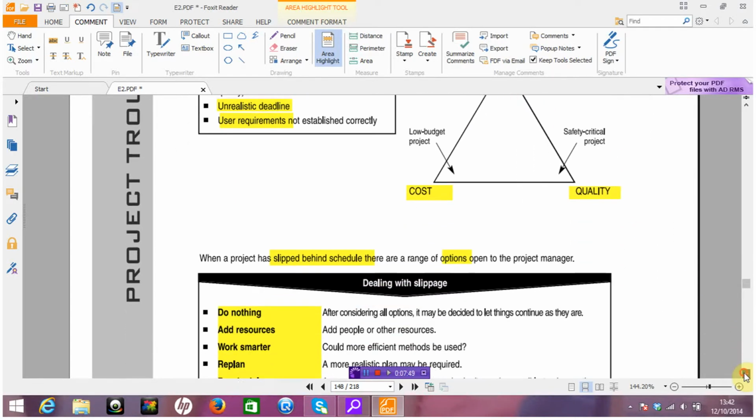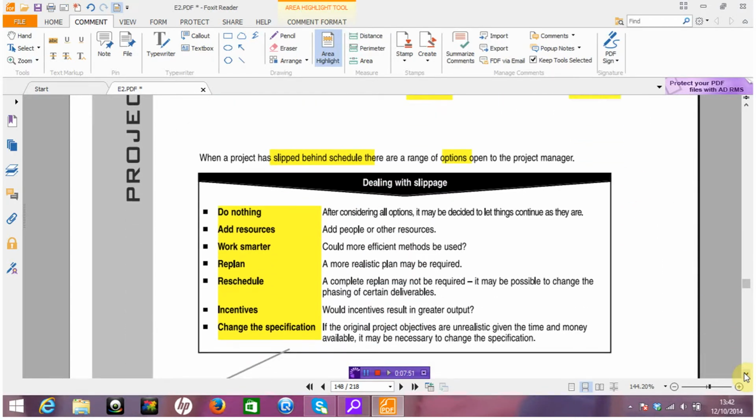Okay. Now, dealing with slippage and the options available where there has been some sort of slippage, many of these options, and we really need to rote learn these, are fairly straightforward, and probably suggest that doing nothing may not be the next best option. I would suggest that these would be the more likely ones that would get you some marks here.